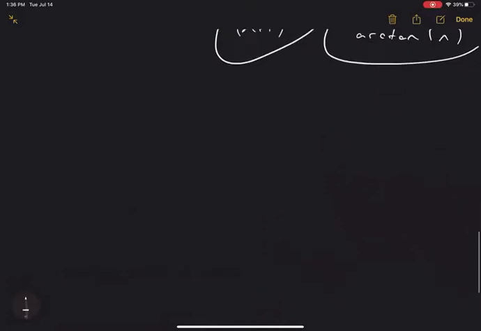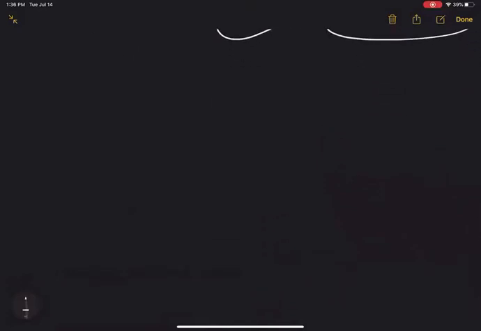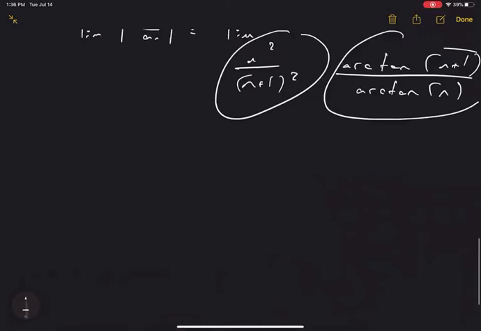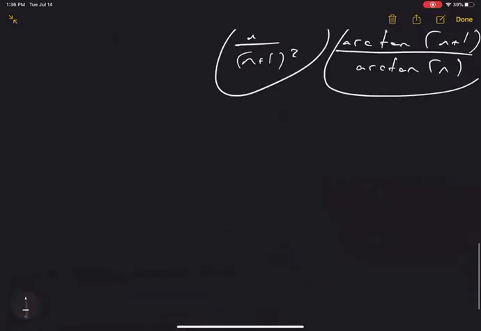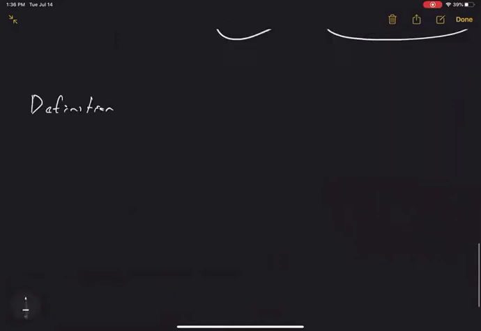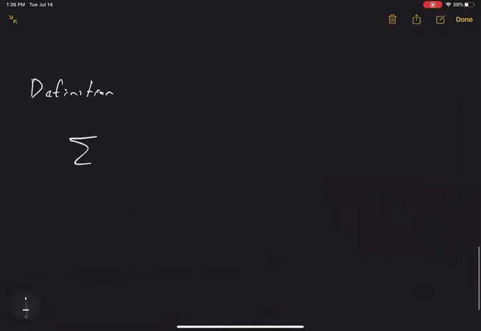So how could I do this? How about by definition? Let's try the definition of absolute convergence.